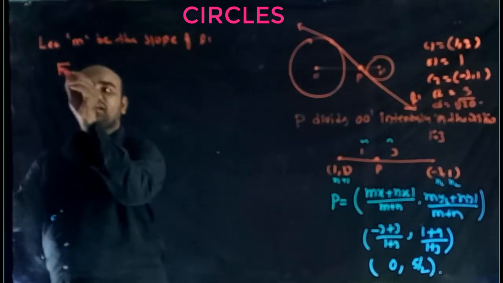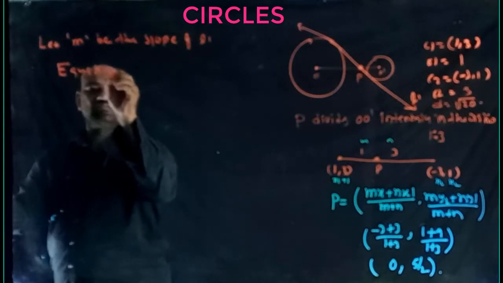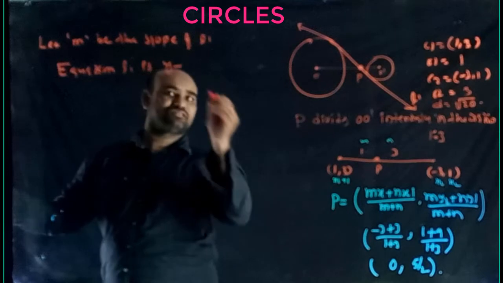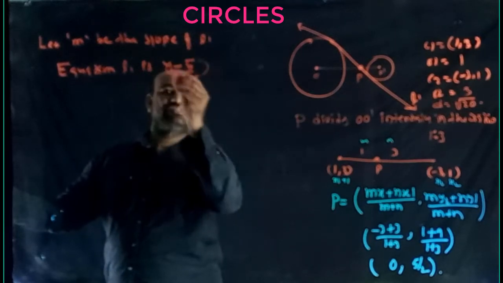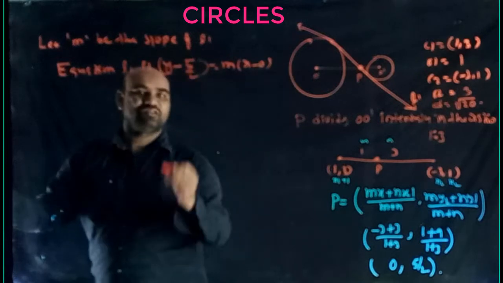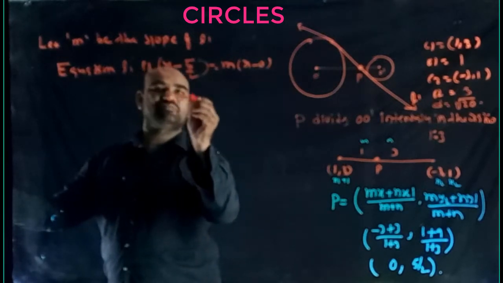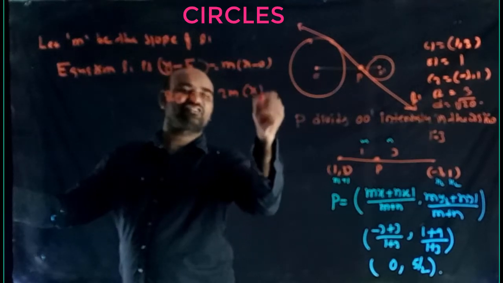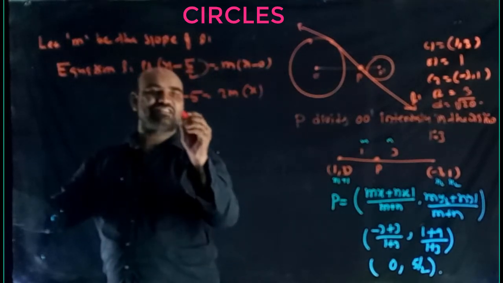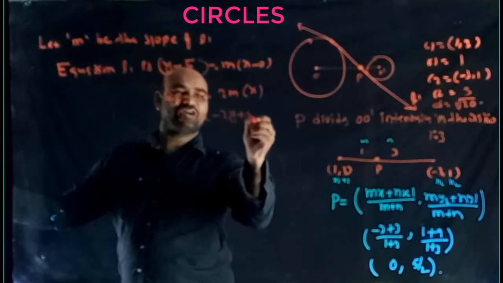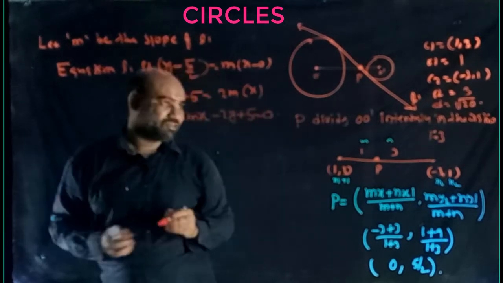The equation of L1 directly is y minus 5 by 2 equal to m times (x minus 0). So this is 2y minus 5 equal to 2mx, or in other words, 2mx minus 2y plus 5 equal to 0 is the equation of L1.